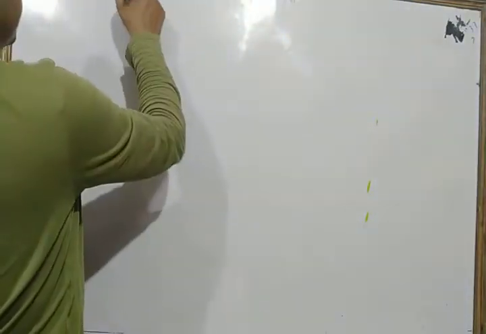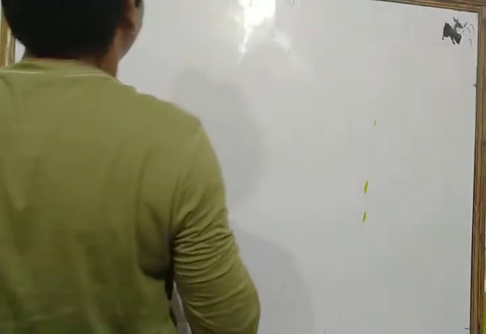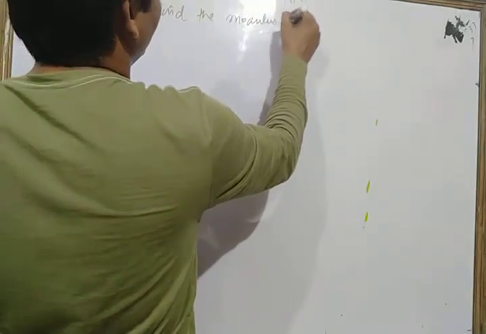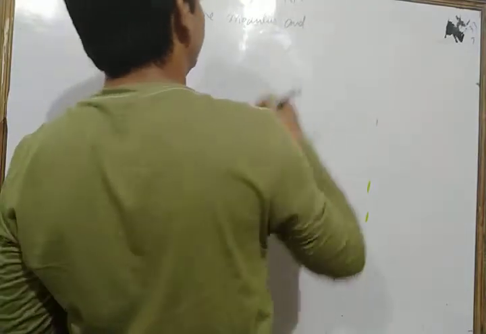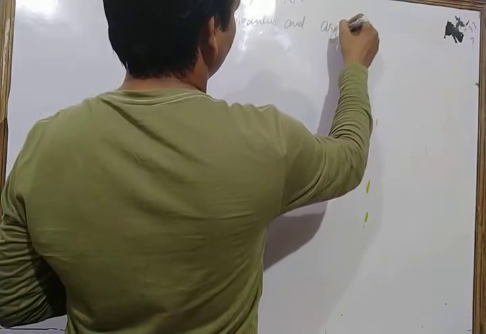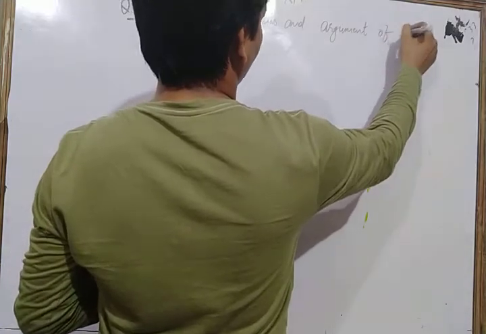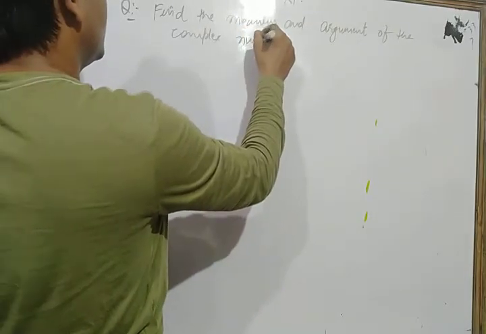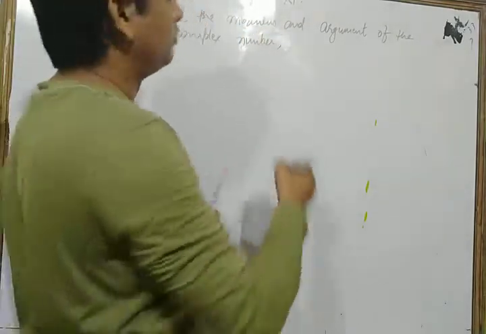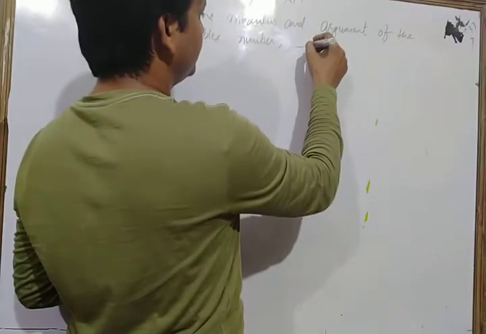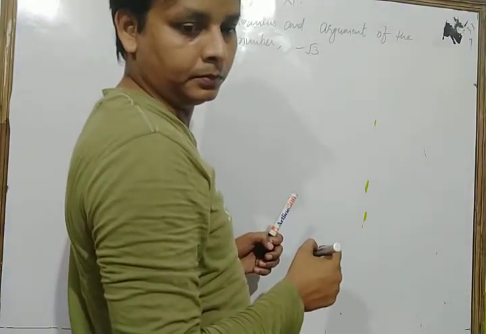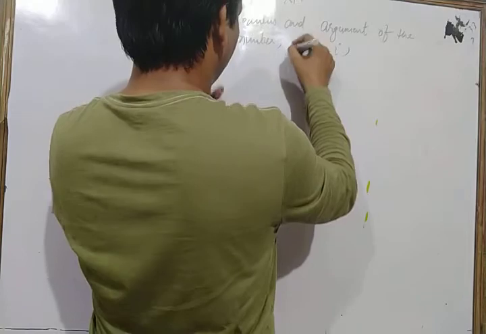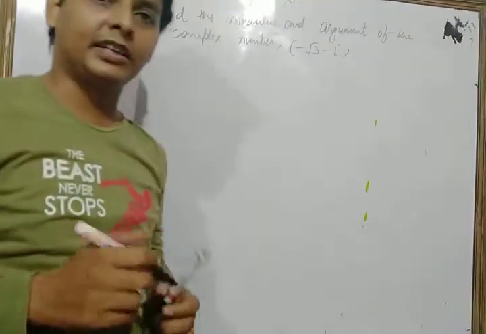Find the modulus and argument of the complex number minus root 3 minus i.